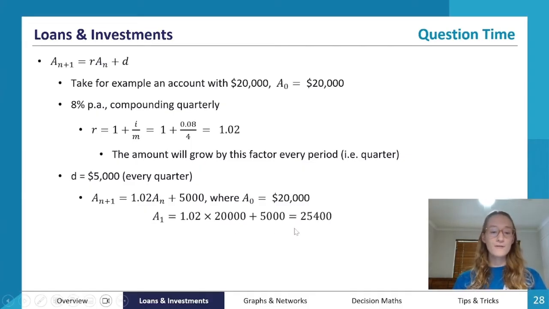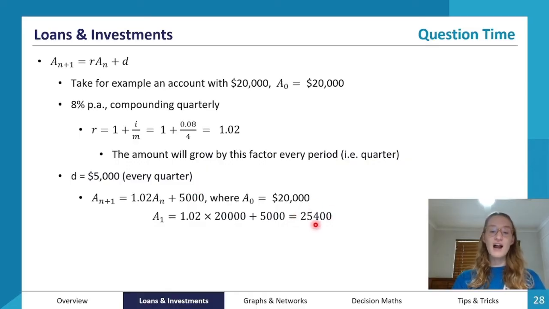So when we apply the rule the first time, after 1 quarter, we will have interest applied to the amount that was already in the account, $20,000, that's the growth factor. Then we also have the plus $5,000. That's this plus D, the amount being deposited into the annuity every quarter.